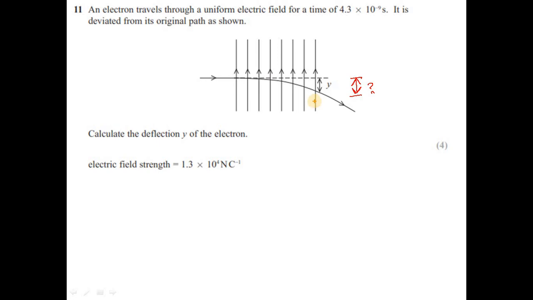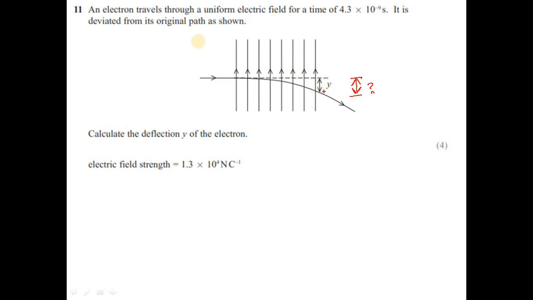If you see, before entering the field, we don't have any vertical motion. So as soon as the electron enters the field, it starts accelerating. Before the field, it was moving with uniform velocity horizontally, but as soon as the electron enters the field, it starts accelerating downward. That means for y we need to use the accelerated motion concept.